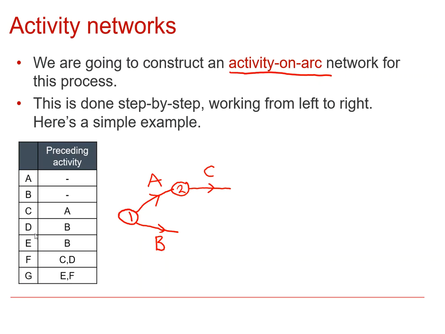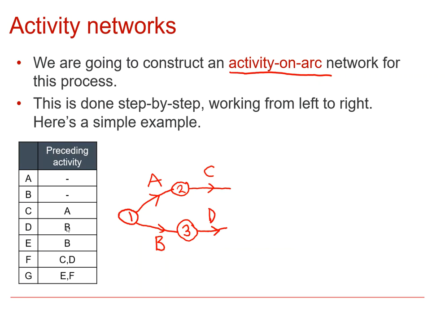Likewise, activity D depends on activity B, so we need to make sure that it can't start until activity B has taken place. So let's put event 3 here, and we can have activity D leaving from there. So far so good.